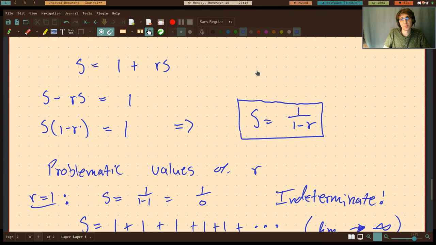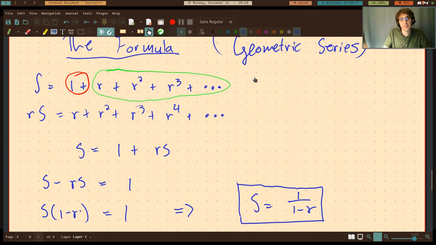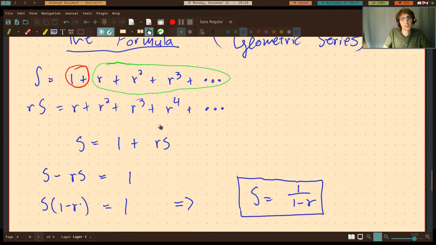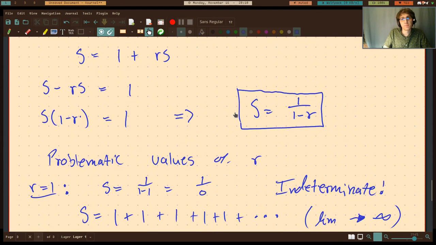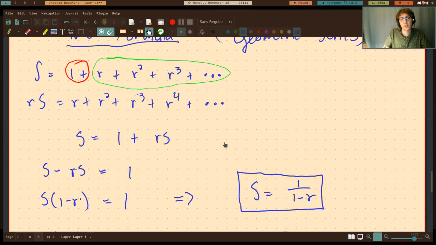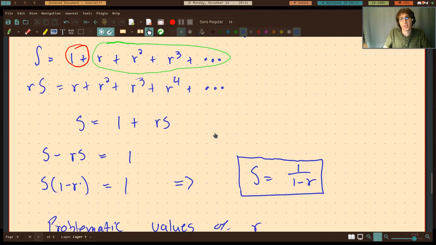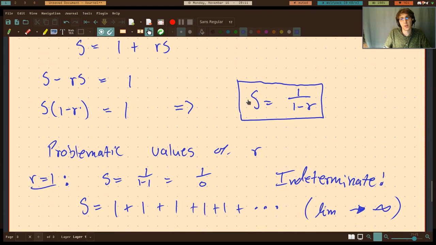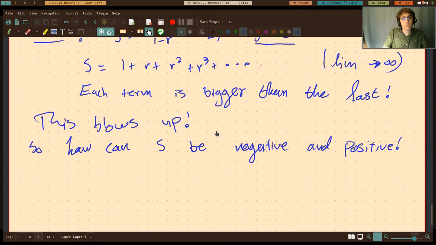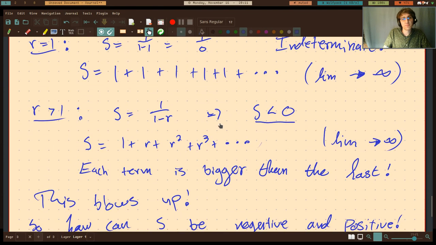It's impossible. And again, the problem is that our assumption is that it's finite. And if r is greater than 1, it's not finite. And so we're getting a hokey answer, an answer that doesn't work. So r can't be equal to 1, and r can't be greater than 1.